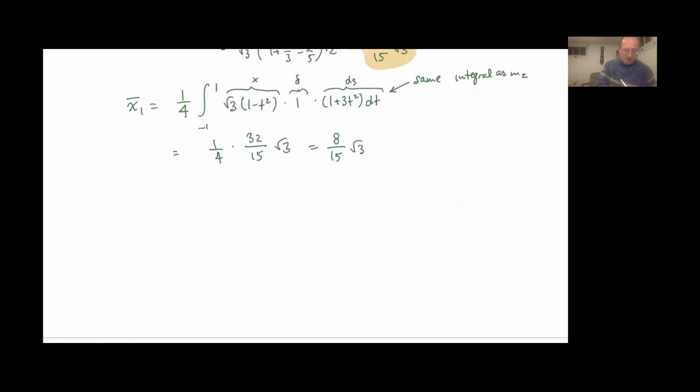Let's go on. What about the center of mass with the other density?